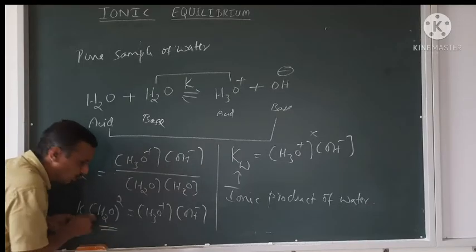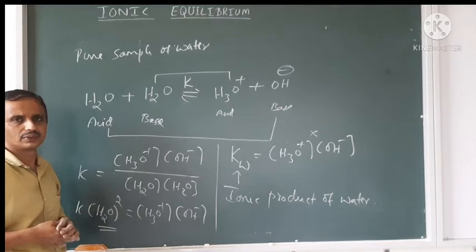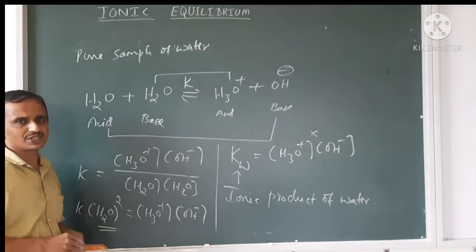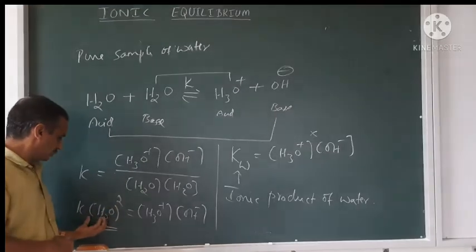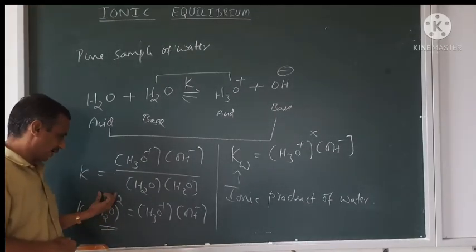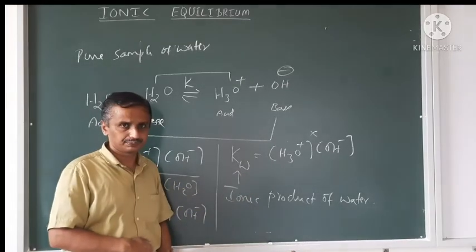This H2O I am taking as almost unity because of the partial ionization. So that's why K into unity square is K only. I take it as Kw, ionic product.